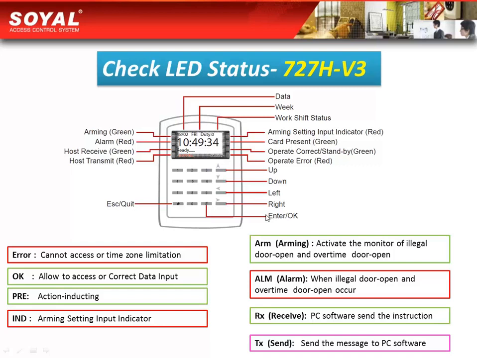If you see the green light, it means that you are allowed to access. You input the correct password or your card is valid. Or in some other situation, like if someone opened the door illegally, then the alarm light will appear. Compared to 721H, 727HV3 has a monitor, so you can see more light indicators on the monitor.